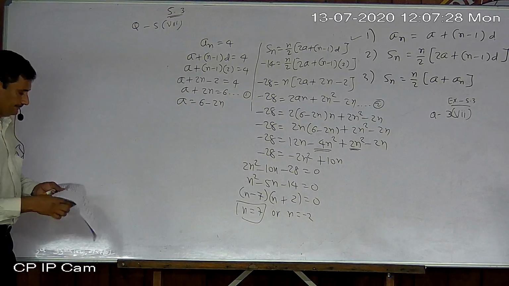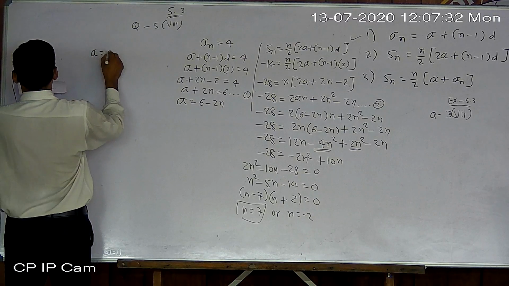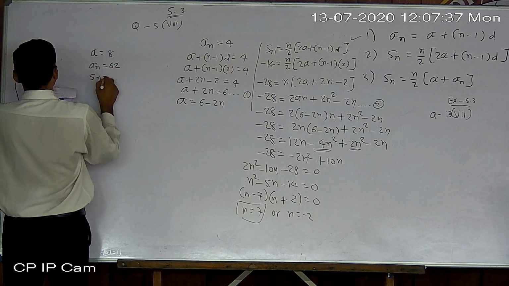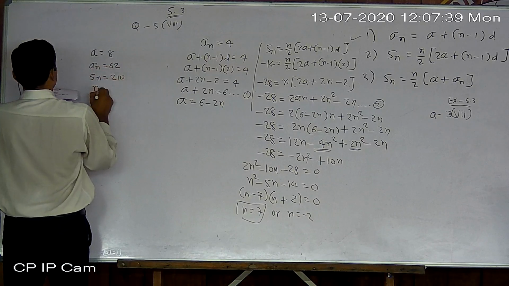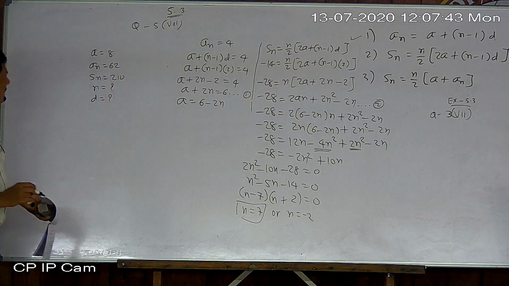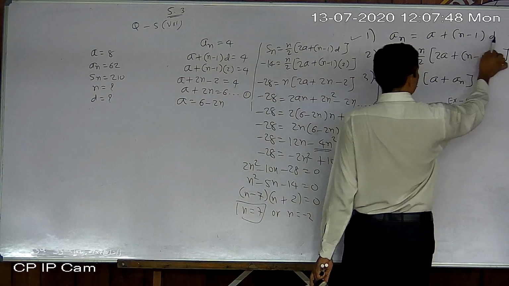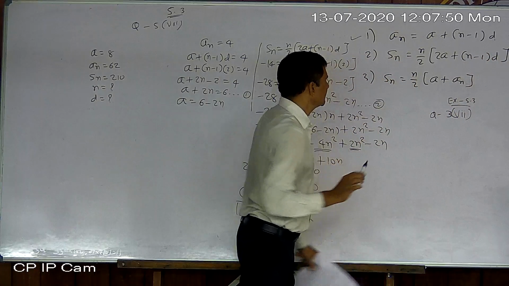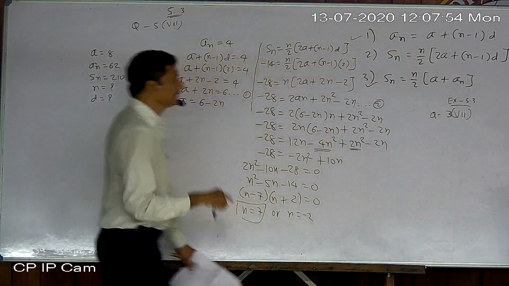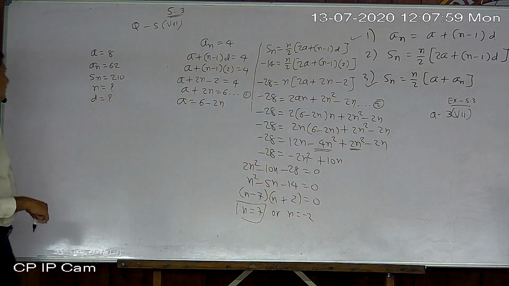In number 7, a is given 8, a n given 62, s n given 210, n is asked and d is asked. n and d are not given, so the first one cannot directly give any one variable answer. This one also. But look at number 3. Look here. s n given, a n given, a given.